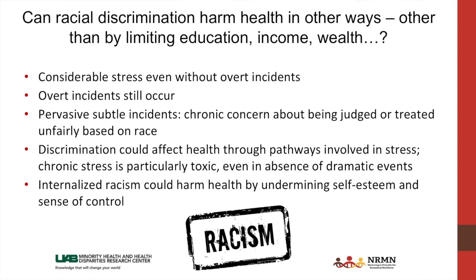And also there are sometimes pervasive subtle incidents that lead to chronic concern about being judged or treated unfairly, like perceived discrimination based on race. Discrimination could also affect health through pathways involved in stress that could lead to a kind of chronic stress that can be toxic, even in the absence of any events. And sometimes even a person's internalized racism could harm their health by undermining their self-esteem or sense of control.